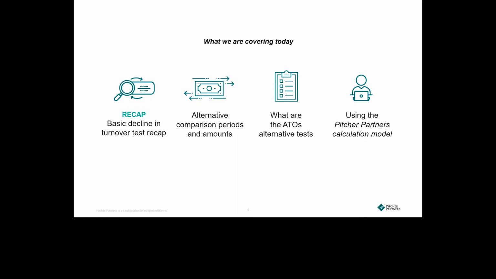And finally, we're going to cover off on the Pitcher Partners calculation model that effectively can allow you to do all those tests once you input all your GST data. So please stay until the end of the session. I'm going to cover our model, a package that can assist you in the calculations, and we're providing that to clients that we're assisting in terms of reviewing their GST decline in turnover calculation. So I'll cover that at the end over 5 minutes.